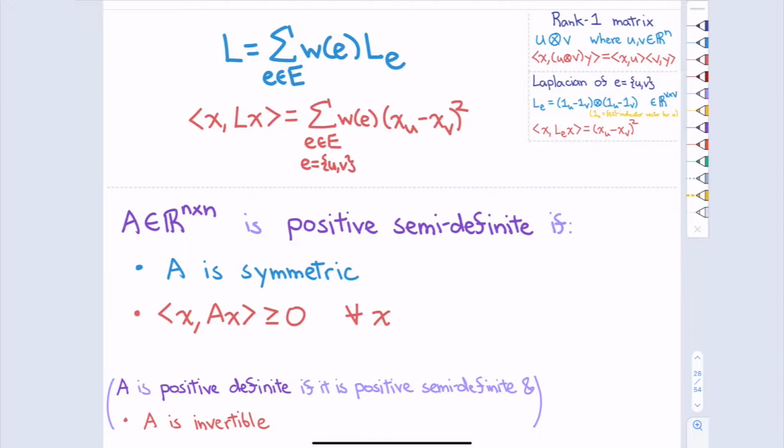Why is that true of the Laplacian? It's a sum of squares, and a sum of squares is always non-negative. The edge weights here are non-negative. And that's all we know, and yet this reveals quite a lot of structure.